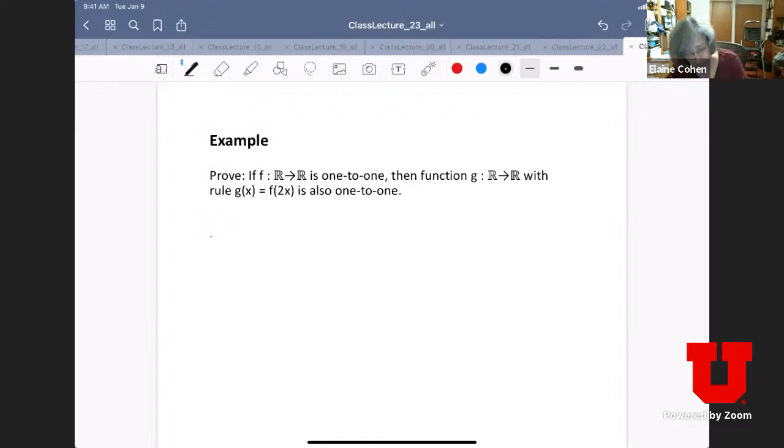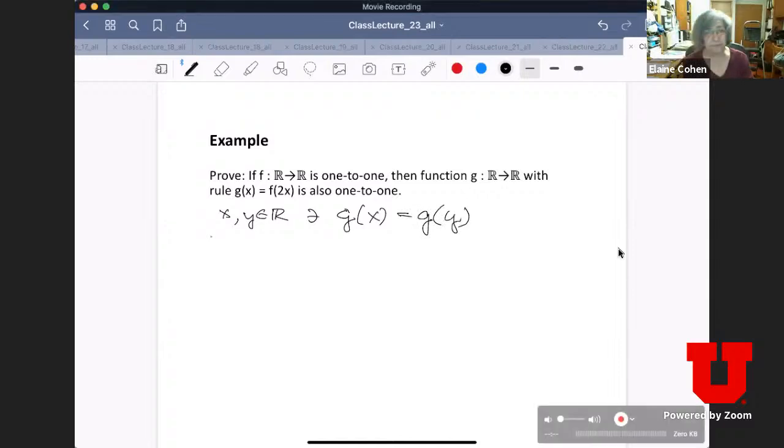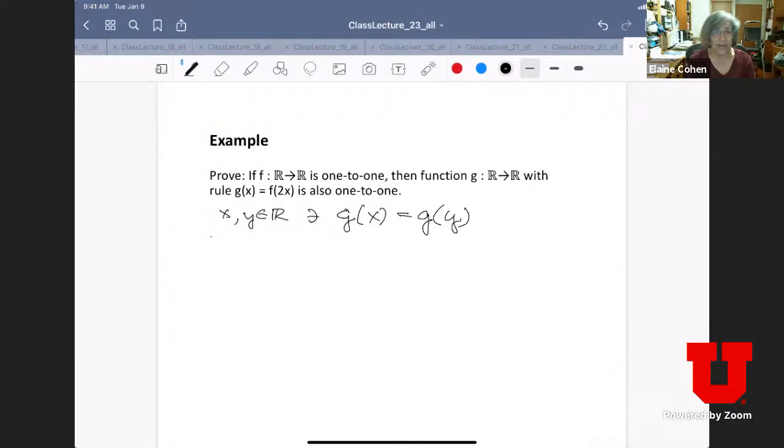We'd start out that proof by saying let x and y be in R such that g of x equals g of y. That's always how you start out proofs of one-to-one.